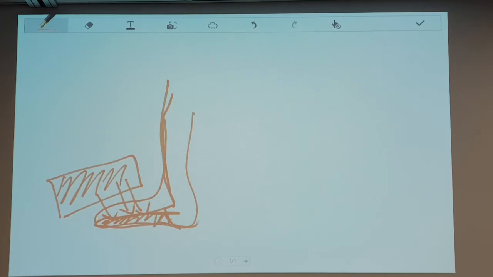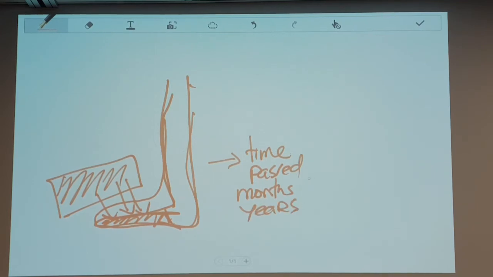Okay. And then time passed, maybe months or years, and then you had this mangy foot, and it was constantly painful.